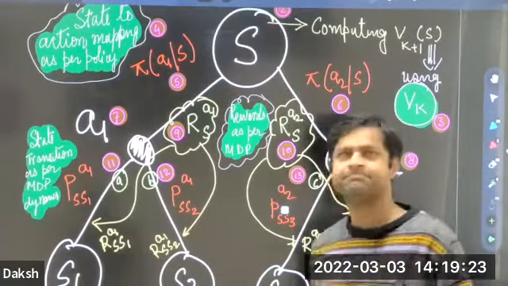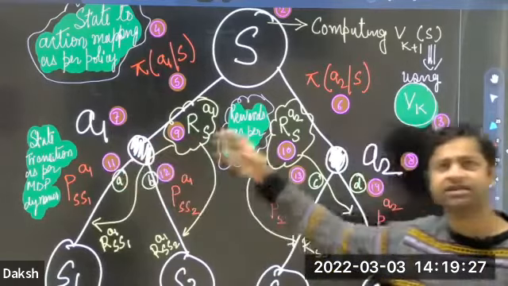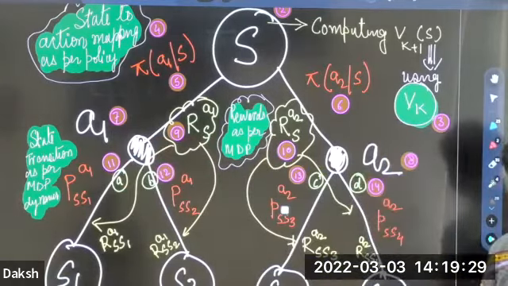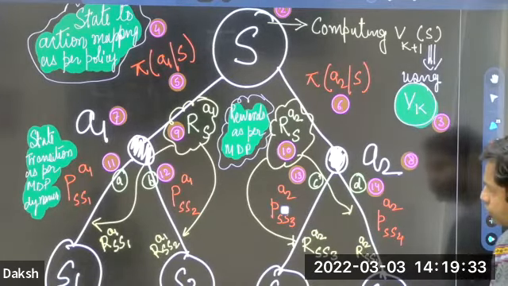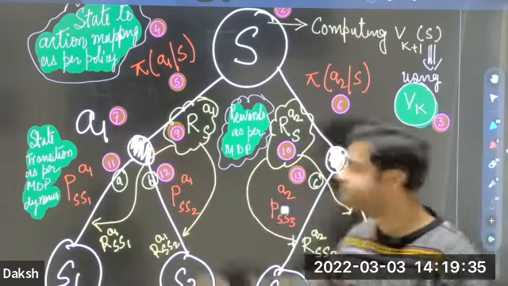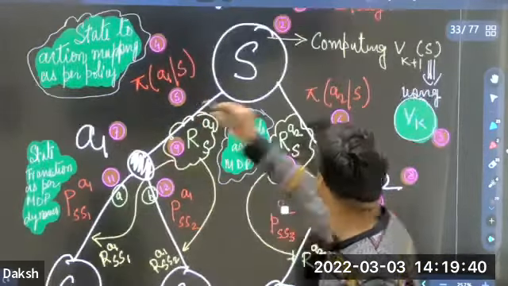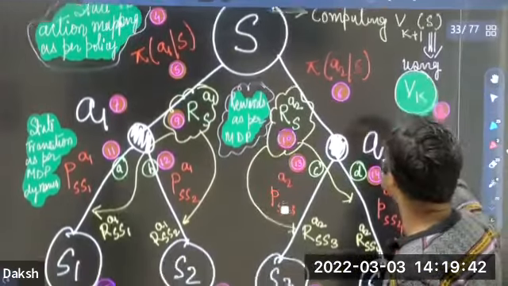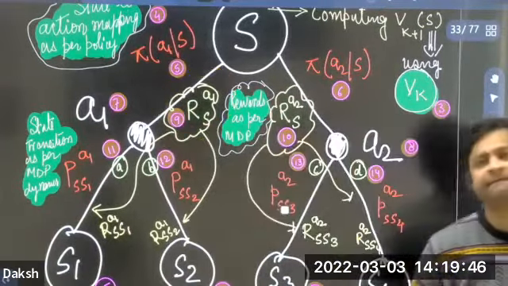State S. I can take action A1. I can take action A2. If I take action A1, I'm going to get a reward of this guy.